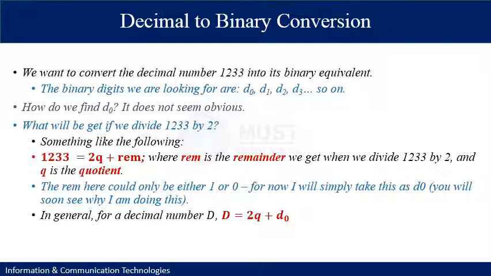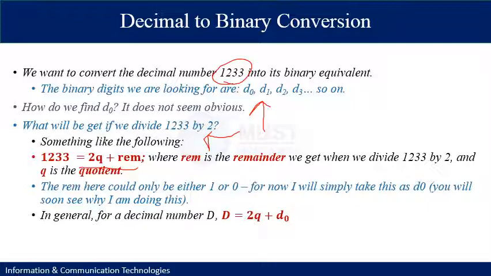So let's say you have to convert a number 1233 into its binary equivalent. What you are looking for is to find the digits from D0 to Dn minus 1. If you divide this number by the base in which you want to convert, in this case the binary base, so we will divide it by 2, we will have a result in this format which will be 2q plus remainder.